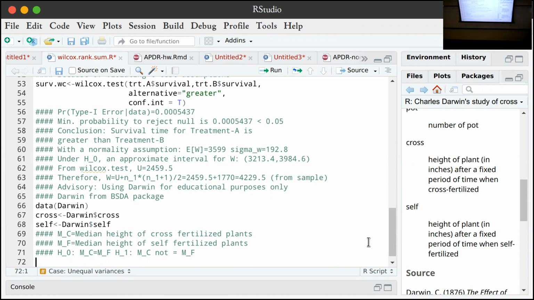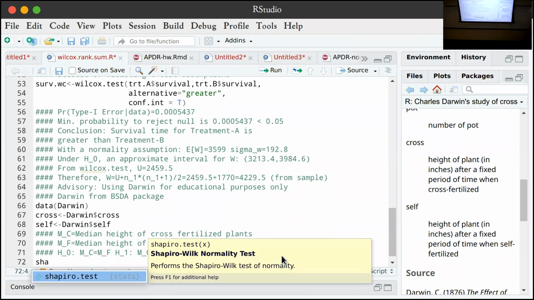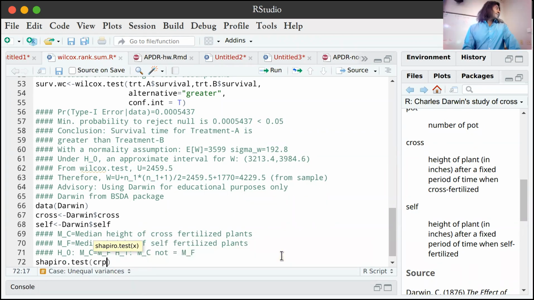Two, we went over this, there is a test: Shapiro-Wilk. So I'm going to do Shapiro-Wilk on each of those samples to see if they are normal.